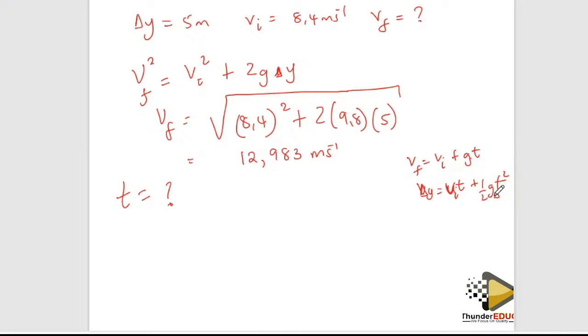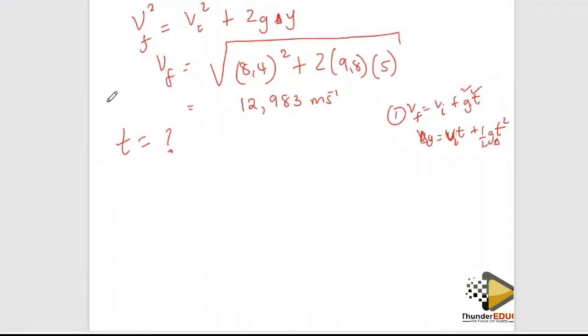I don't know which one but we can try this. The first formula, if we are sure of our answer that we got in the previous question. If we have any doubts, then you go with the second approach since it doesn't have final velocity. So I'll try both of them and see if I get the same thing.